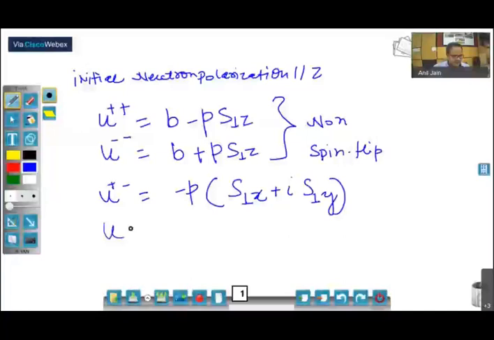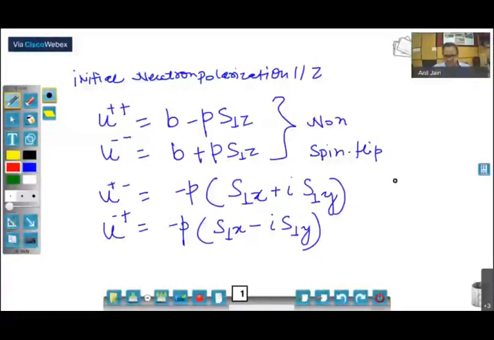The fourth is you have the spin down, and after scattering it becomes spin up. So this is also a spin flip process. This just comes by putting in the Pauli spin operator and doing some mathematics. So these two processes where the spin of the initial neutron gets flipped are called spin flip processes.